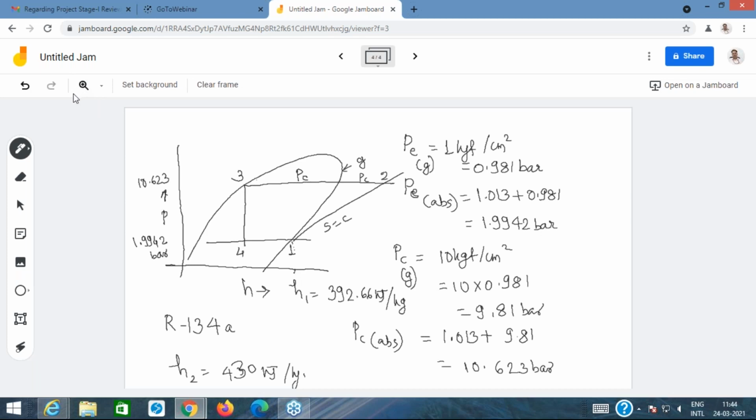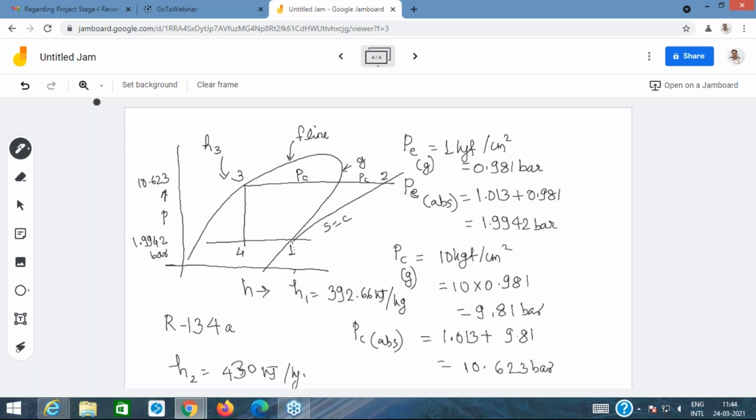So H3, you look at the pH diagram. H3 is on this F line. How do you locate the point 3? Allow this condenser pressure line to intersect the F line. Where the condenser pressure line intersects the F line, that becomes your point 3.